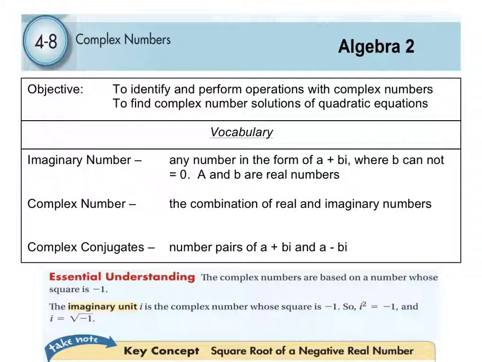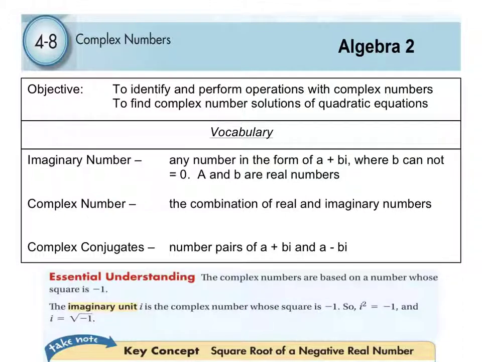We use i to stand for what we call an imaginary number. A complex number is the combination of a real number and an imaginary number put together.